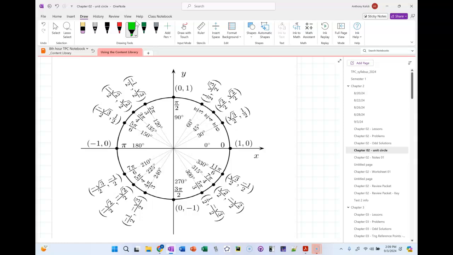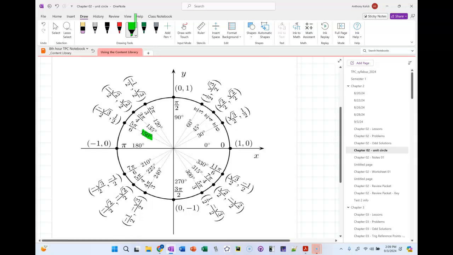This picture tells me the same thing. The way I use this picture is I locate 150 degrees. And then if I'm looking for cosine of 150 degrees, my definition for cosine is x.